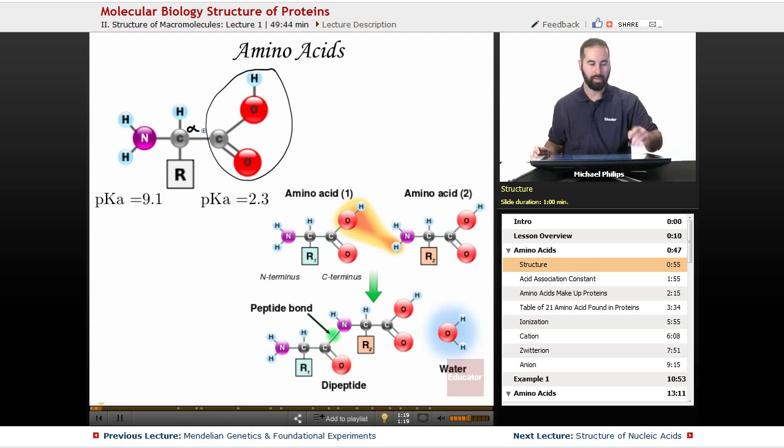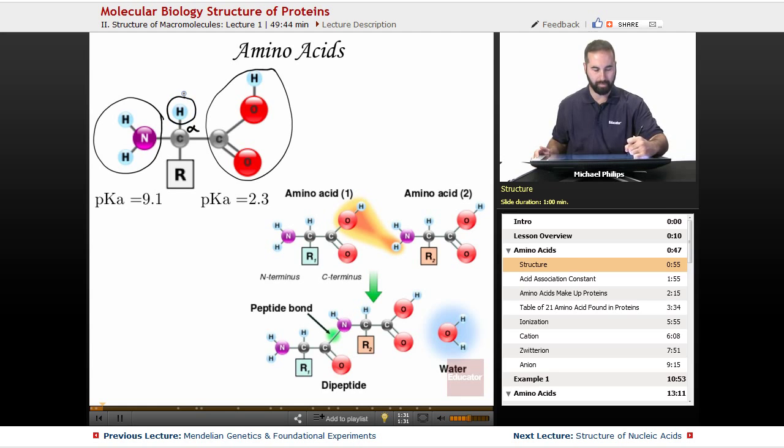Then bound to the alpha carbon is our amino group. Now, the alpha carbon's third bond is with a hydrogen. And finally, its fourth bond is to something else, what we call an R group or a side chain.